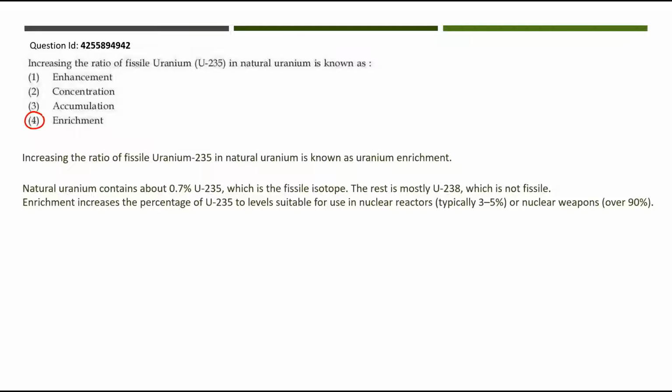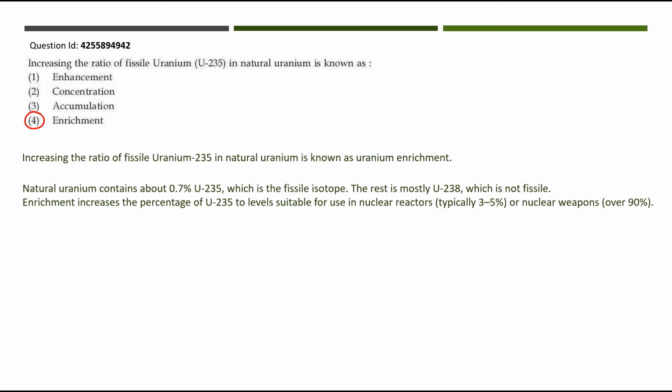The rest is mostly uranium-238, which is not fissile. Enrichment increases the percentage of U-235 to levels suitable for use in nuclear reactors. It will be typically between 3 and 5%, or in nuclear weapons, over 90%.